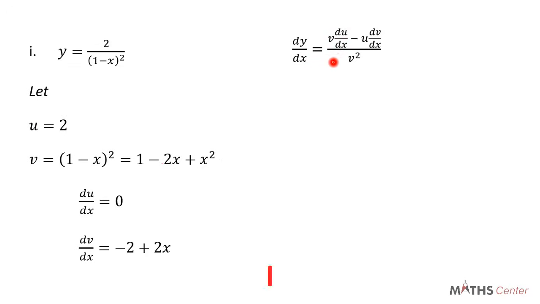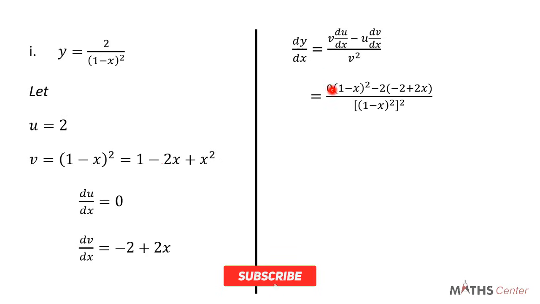I'll substitute everything here. When you do that, you have du/dx is 0, so 0 times v, which is 1 minus x squared, so 0 times (1 minus x) squared, and then u is 2, so minus 2 into brackets dv/dx, which is negative 2 plus 2x, so negative 2 plus 2x, divided by v squared.